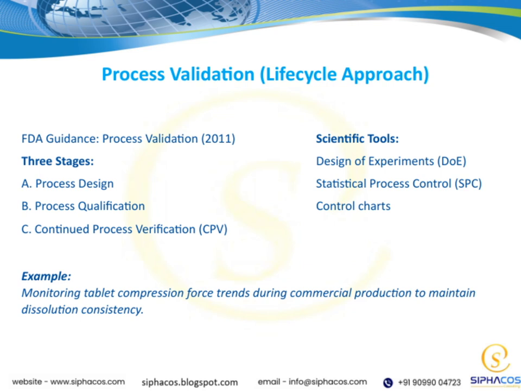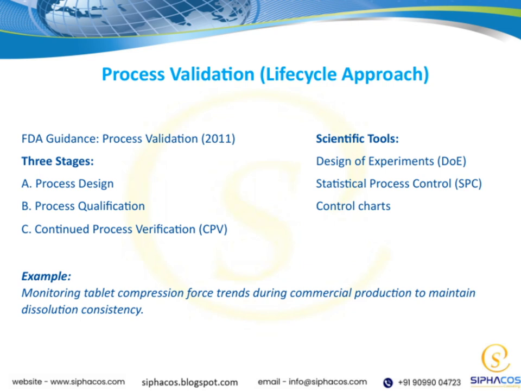Next is process qualification, which confirms that the process can produce quality product consistently. Finally, we move into continued process verification, or CPV, where ongoing monitoring ensures continued performance and quality over the product's life cycle. All these elements work together to help us maintain the highest quality standards, and ensure that our final product meets all necessary specifications.